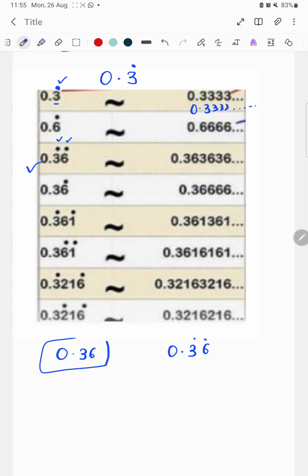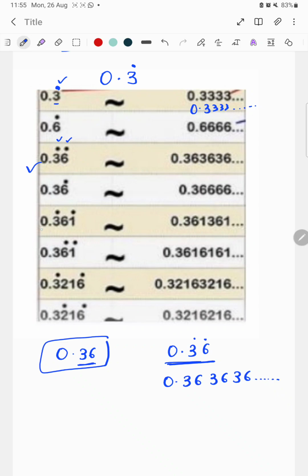Here this is a decimal number, but the decimal part is not infinitely repeating. It has only two digits. While on the other side, if I look at the number 0.36 with two dots on top, this number is 0.36, again 36, 36, and it keeps going this way.